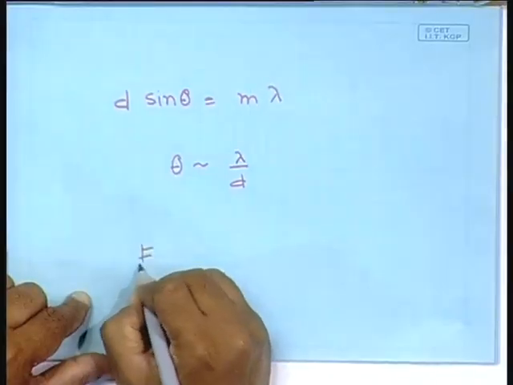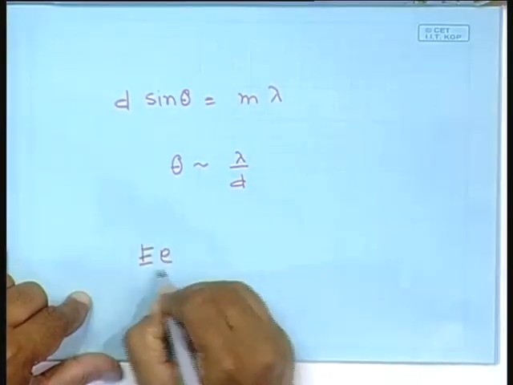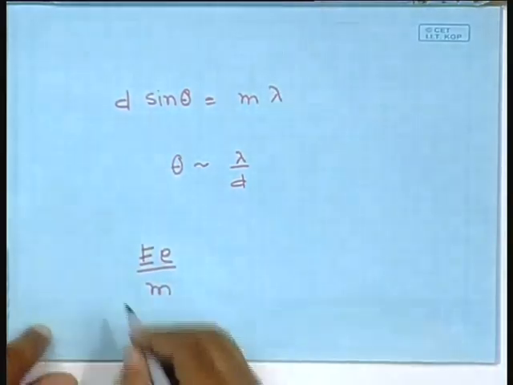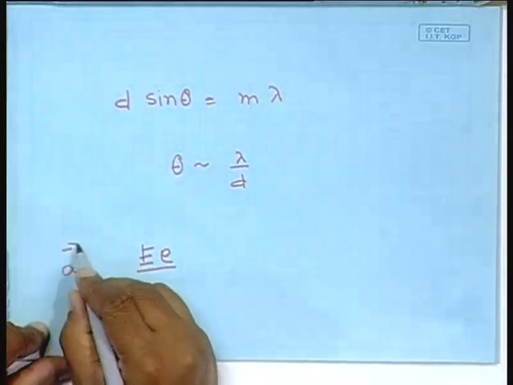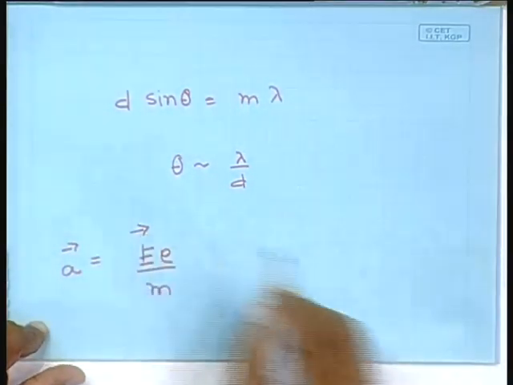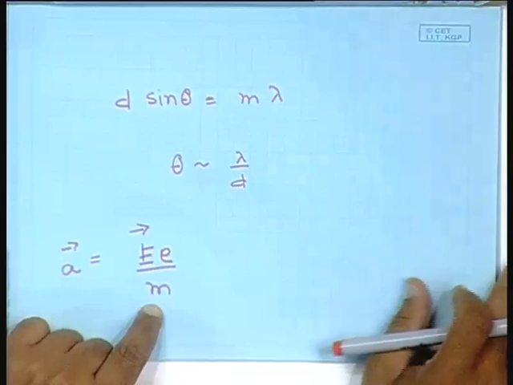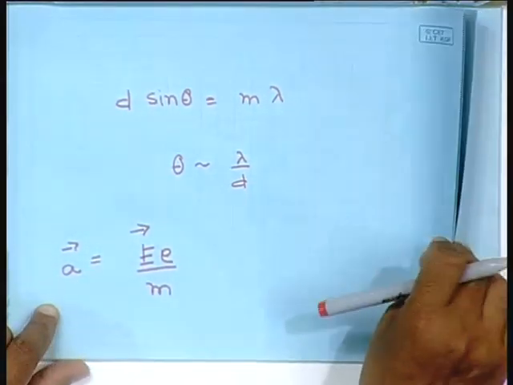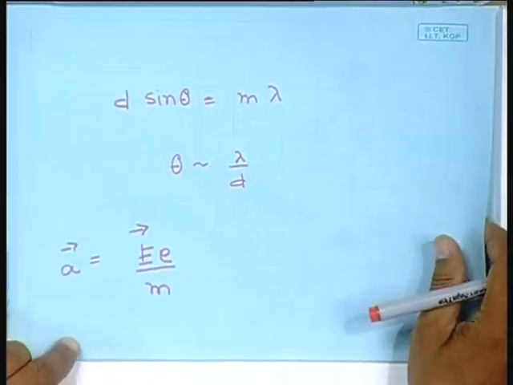Now, the acceleration of the nucleus is going to be much smaller, because the acceleration of any particle under the influence of an electric field is E, the electric field, times the charge divided by the mass, and the nucleus is much heavier than the electrons. So, the acceleration of the electrons is going to be much larger than the acceleration of the nucleus.